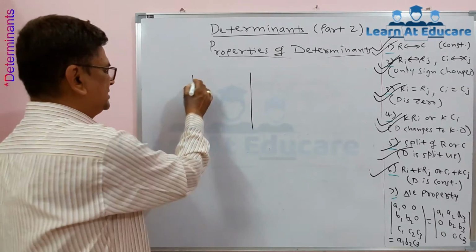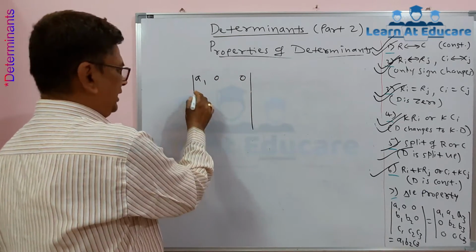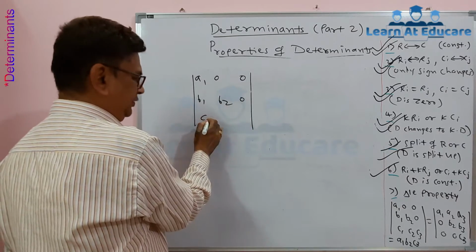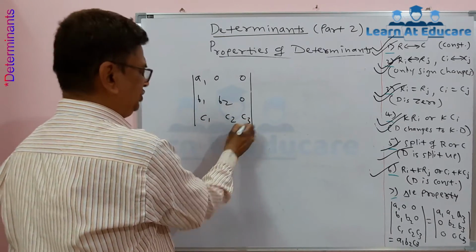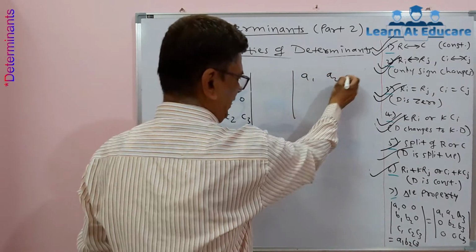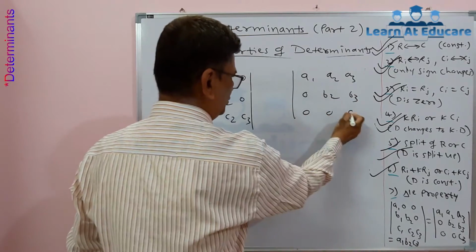For example, symbolically, suppose this determinant a1 0 0, b1 b2 0, c1 c2 c3, and the other determinant is a1 a2 a3, 0 b2 b3, 0 0 c3.